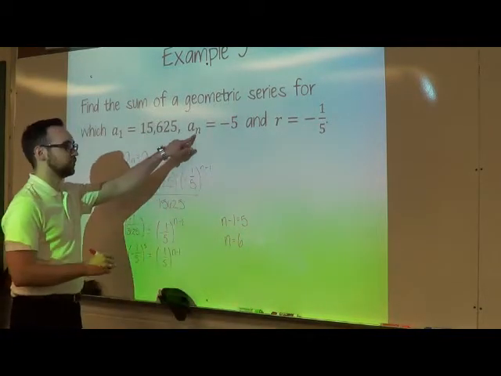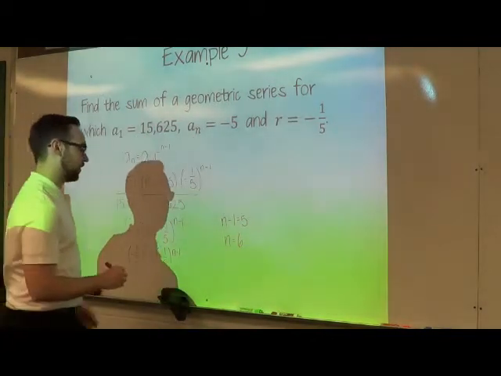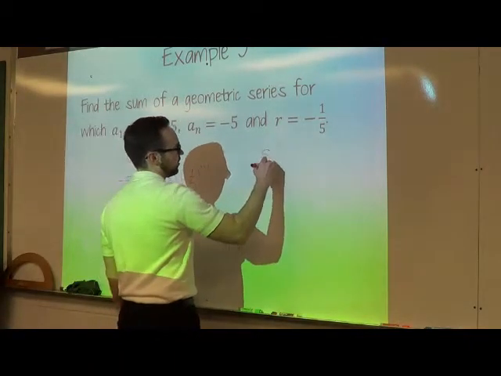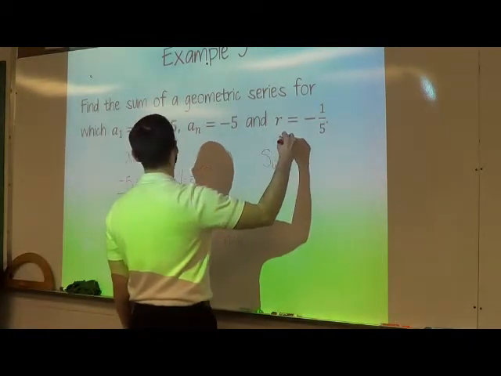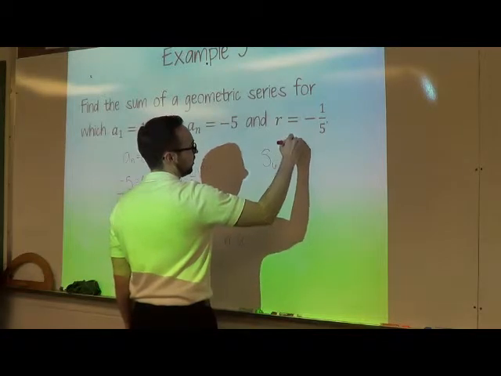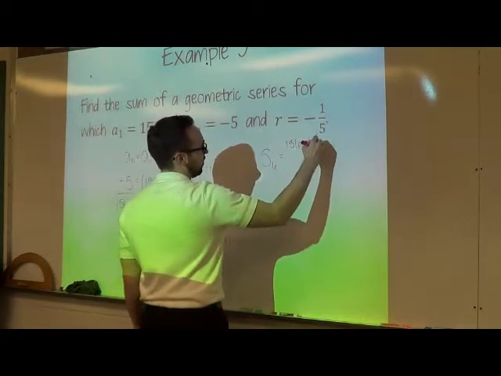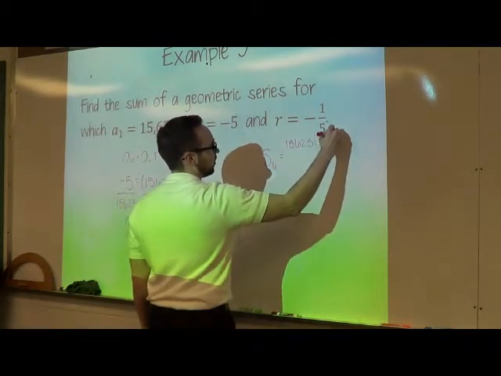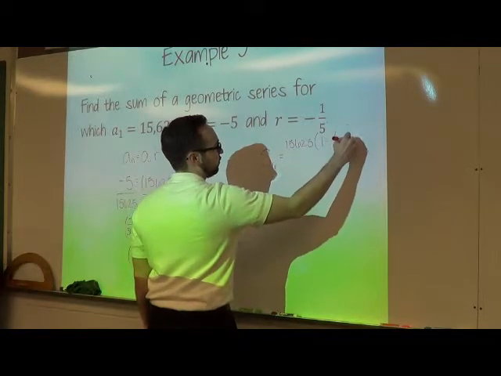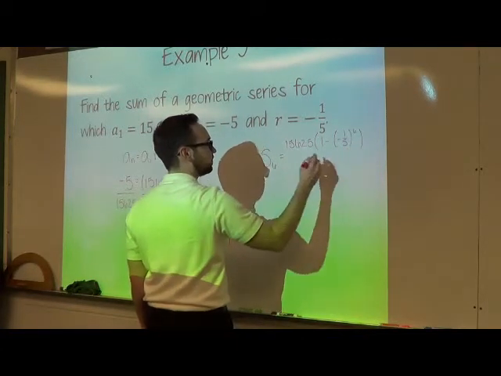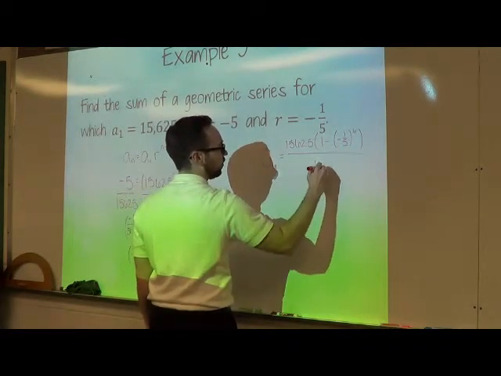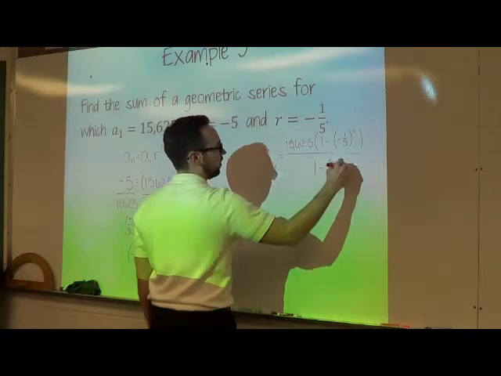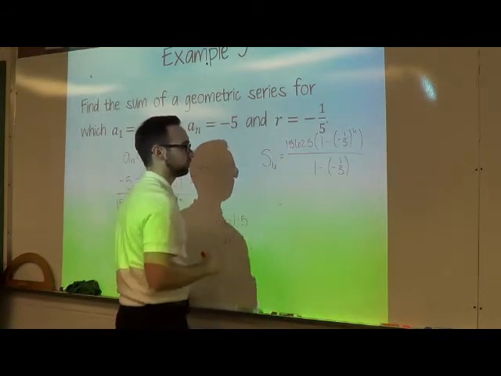So this is the 6th term, and now I can actually find the sum by saying S sub 6 is equal to the first term, which is 15,625, times (1 minus (negative 1/5) to the 6th power), all over 1 minus negative 1/5.